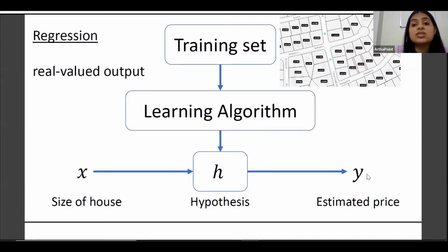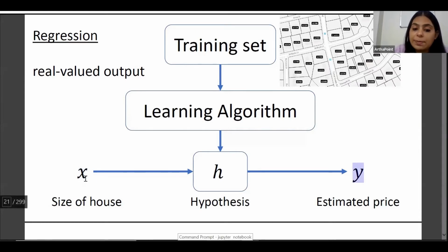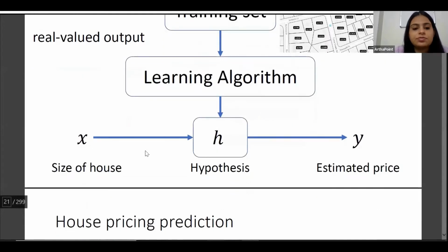So the hypothesis is that the size of the house affects the price of the house. So the price of the house becomes the dependent variable, and the size of the house becomes the independent variable. Dependent variable depends on the independent variable.